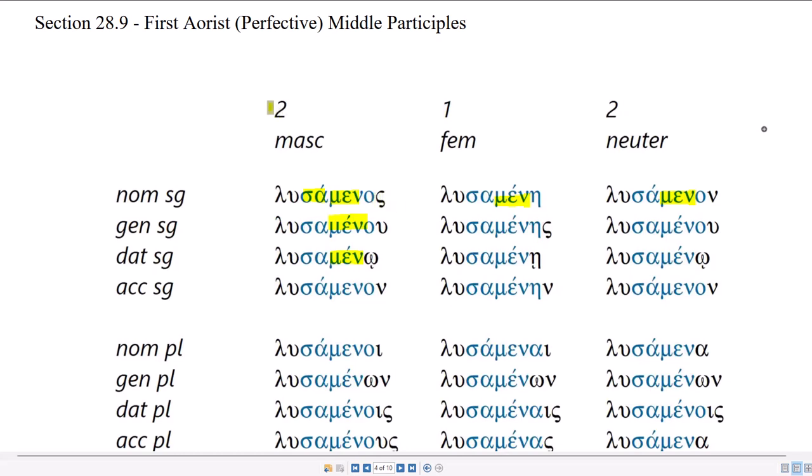As with present tense, we're looking at second declension for masculine and neuter, and then first declension for feminine. The endings as, u, o, an are just what we expect for second declension. Same with neuters: on, u, o, on, and all the way on down. For the feminines, these are our nice eta endings: a, es, e, en, and then the plurals are our normal first declension endings. Again, you want to look at the nominative singular and genitive singular for memorization.